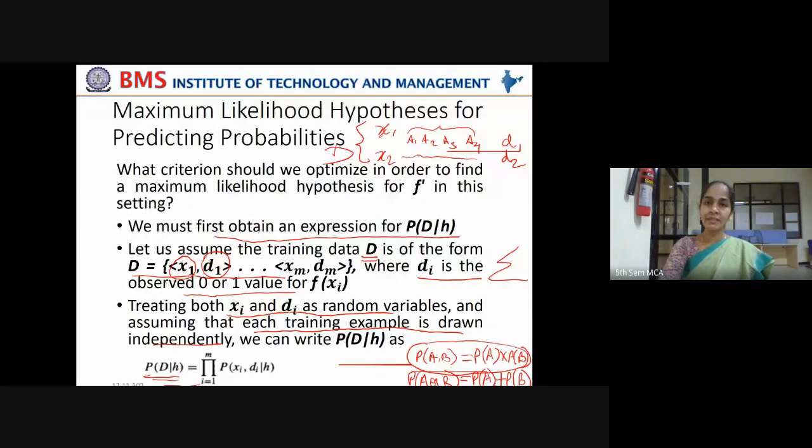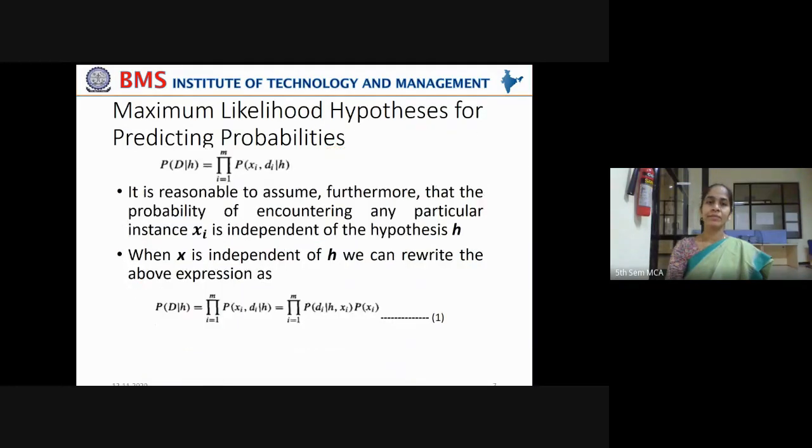Now you are including xi also because you want to cover the uncertainty in the predictions. That is why you are using P of xi, comma, di given h instead of simply di given h. Now it is reasonable to assume furthermore that the probability of encountering any particular instance xi is independent of the hypothesis h.